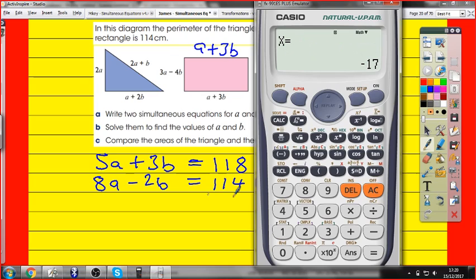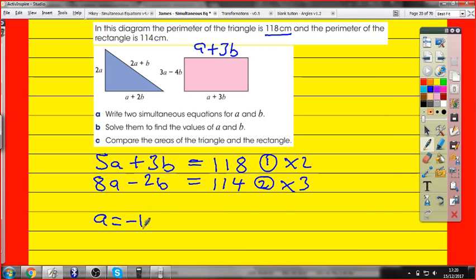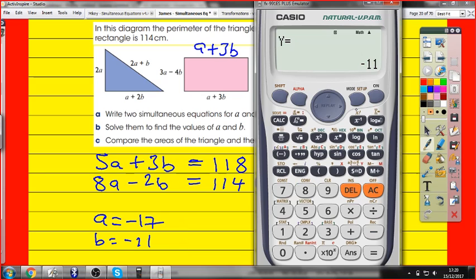Okay, so X, or in this case A, is 17 and Y is 11. B is 11. Let me just check something here. Mode, equation. Oh, no, I was supposed to put it in. Okay, so it's 17 and 11. Yeah, 17 and 11. Okay.